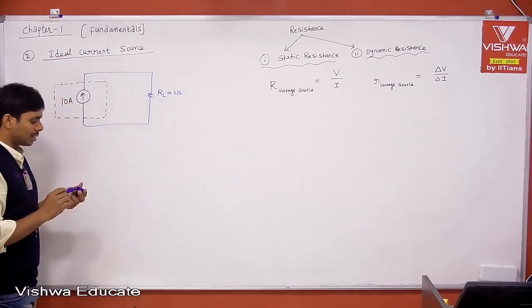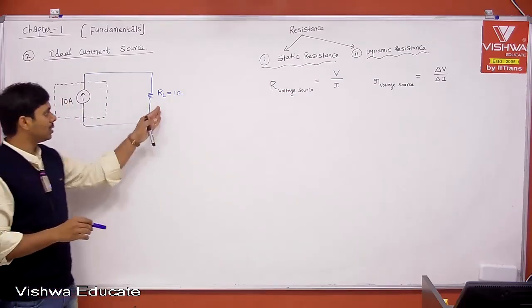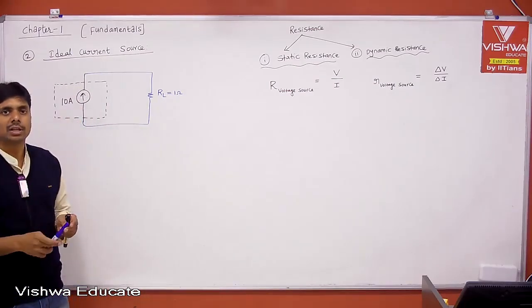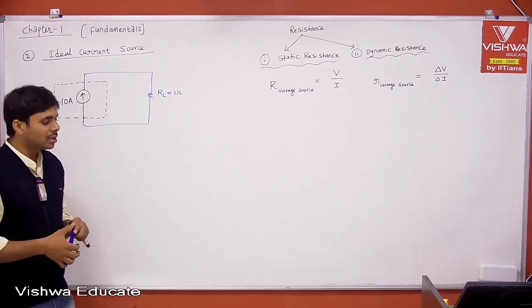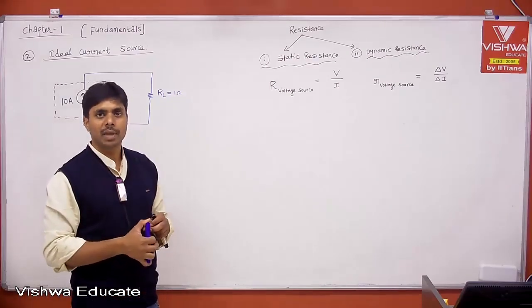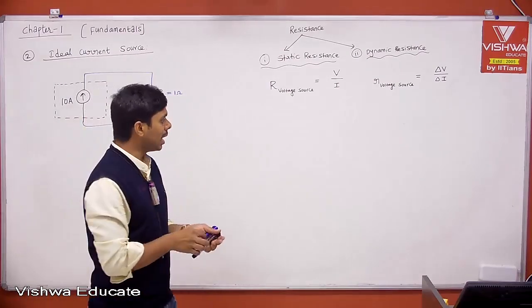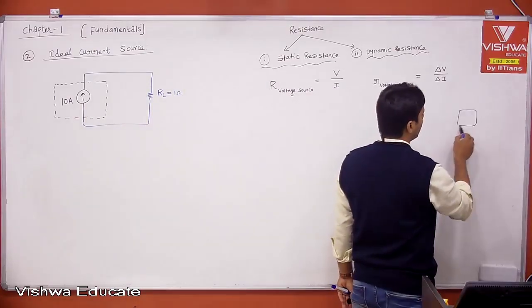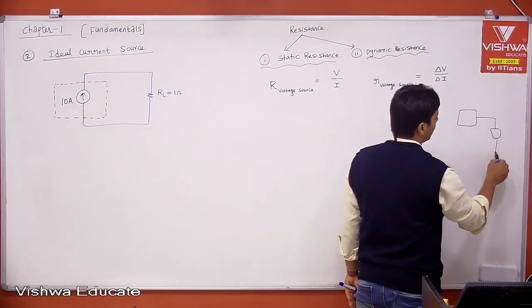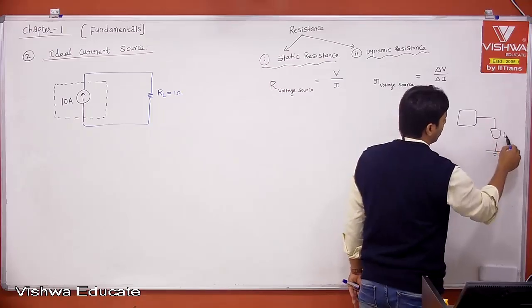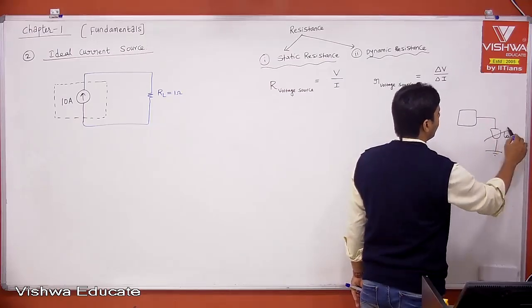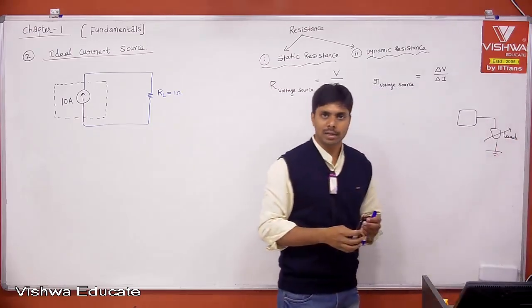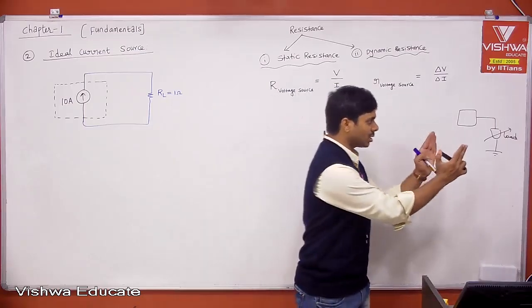Remember, in any case the load is independent. Load is not in our hand. As a designer, if you are designing any sub block and connecting a load, let us say it is some system, remember the load can be anything, but it will have some variation, some range.